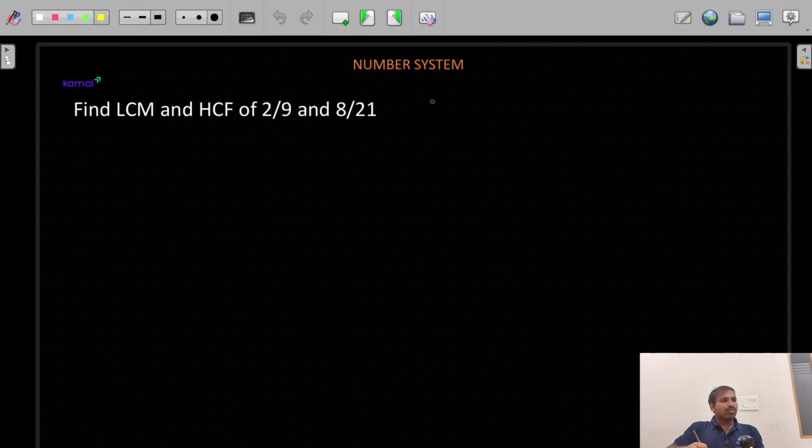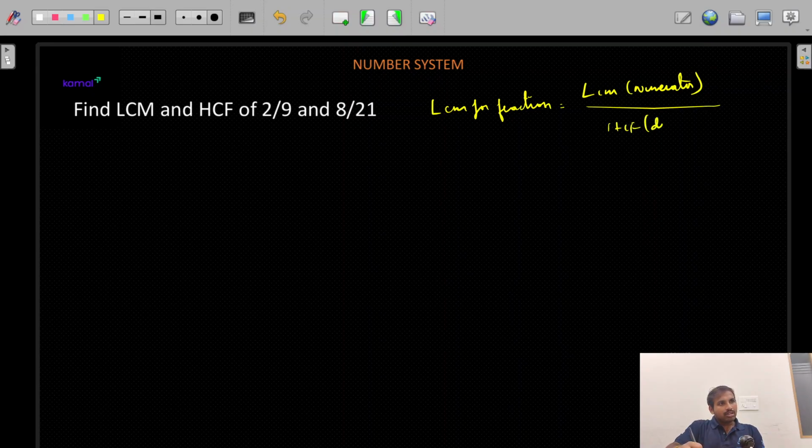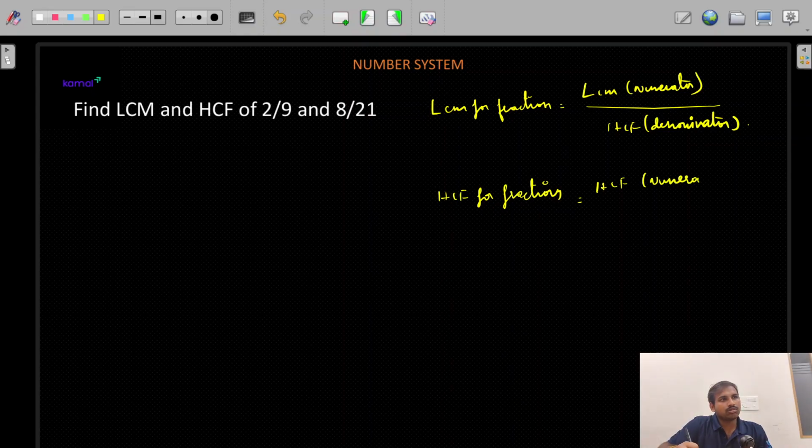Always remember, the LCM of fractions is equal to the LCM of the numerators divided by the HCF of the denominators. Then the HCF of fractions is equal to the HCF of the numerators divided by the LCM of the denominators. So this is what we need to find.